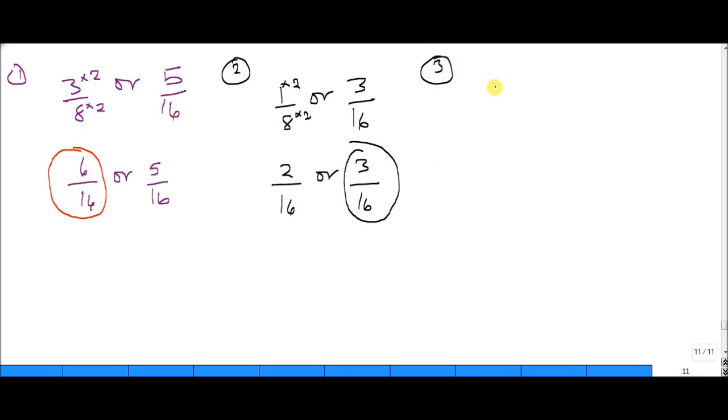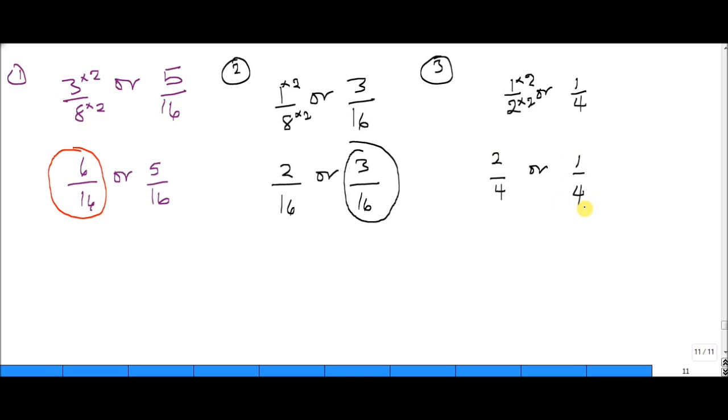Number 3 says a half or a quarter, and we could multiply by 2 because 2 2s will give us 4 and 2 1s will give us 2.